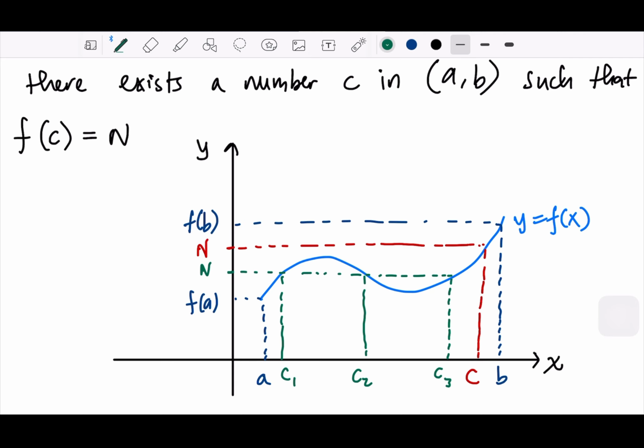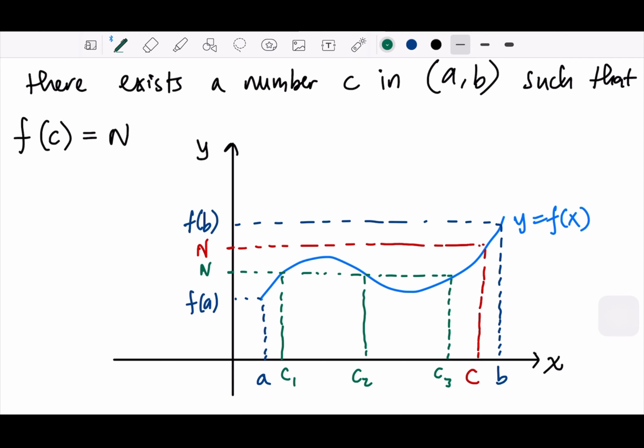This theorem seems to say that, okay, if we have the interval, and of course if we have a value between f(a) and f(b), then if we find the x, the c, it will be between a and b, right?